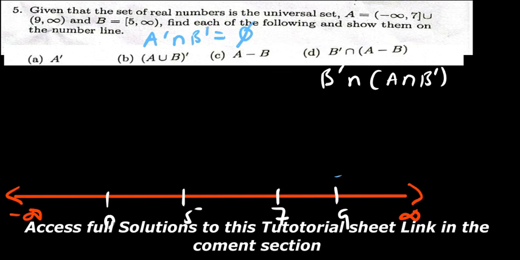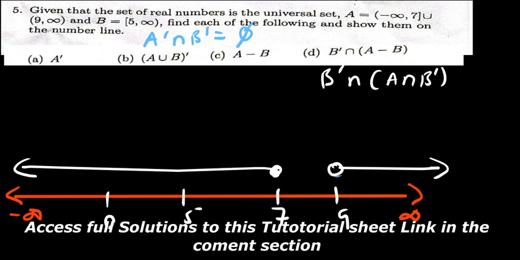So what we'll do is I'll first write what my A is. Our A is from negative infinity to 7, 7 is included here, not included here. So that is A. But now, we are interested in B complement.